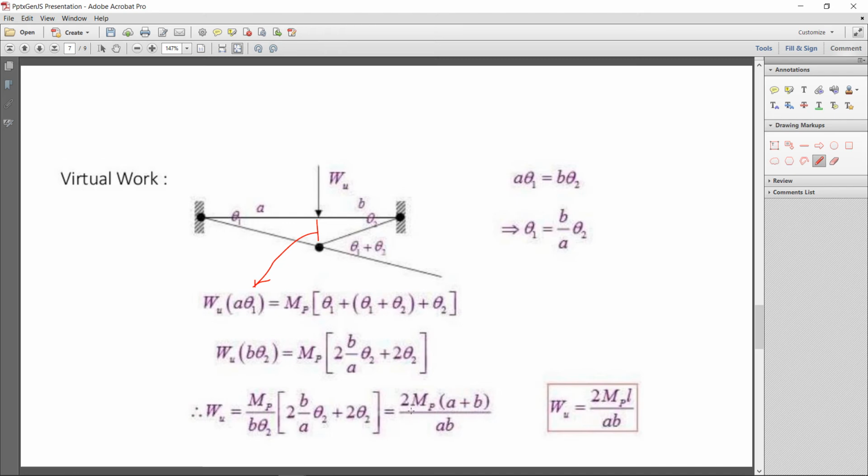Then you will get this value, 2 Mp (a plus b) over a into b at the bottom, and a plus b is the total length of the beam, so here put it as L. So that's how we get the collapse load for the varying length in the fixed ended beam.